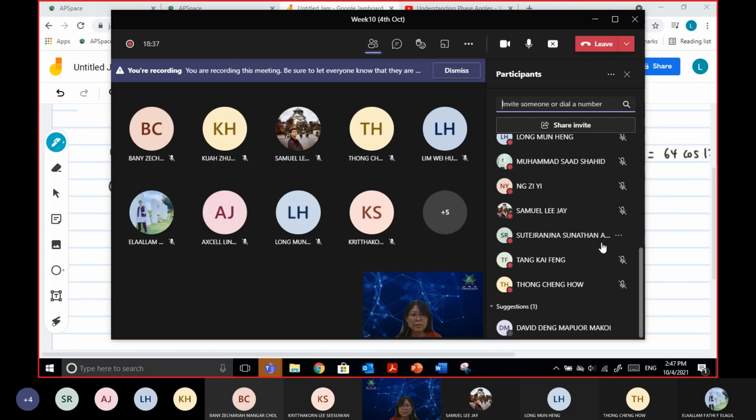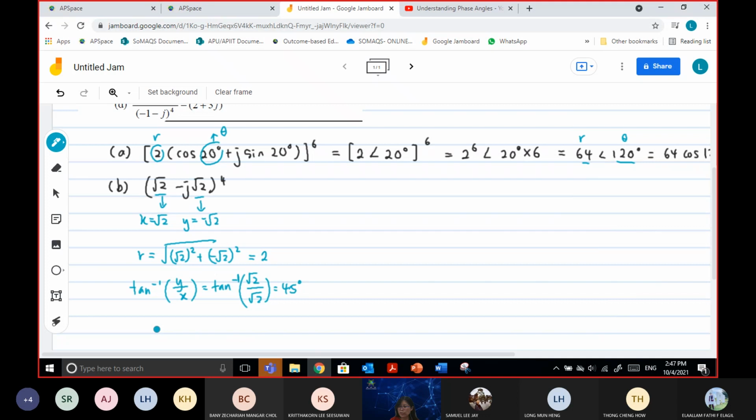Okay, Ziyi, which quadrant? Second quadrant, is it x positive, y negative?